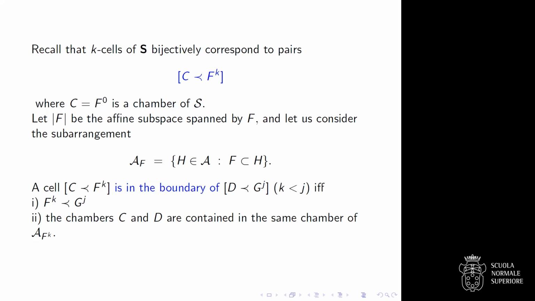So we have F10, F11, F21, F31, F4. So we have 6 one cells.